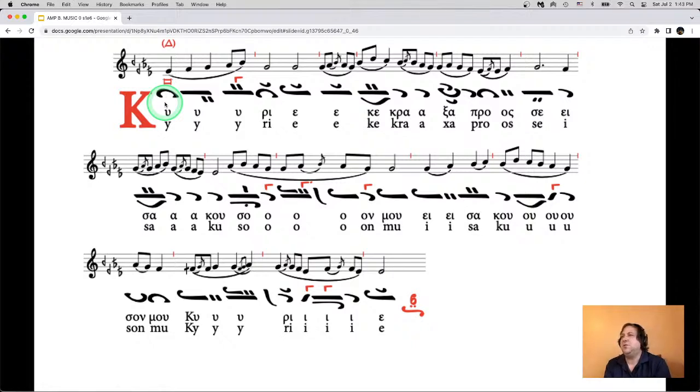If you want, you can also kind of approximate it by working on it with hard chromatic as well. I would personally rather hear somebody sing hard chromatic in second mode than to sing, because it just doesn't have the same.